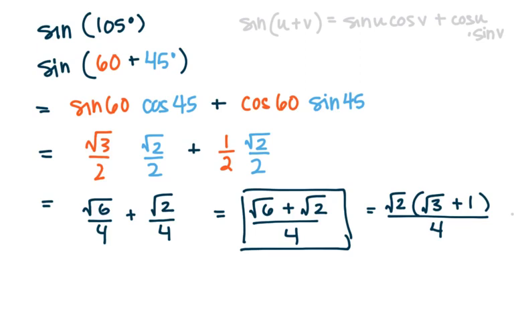And just to reiterate, this value we've calculated in the box is exact. This is exactly the value. All right, if I type sine of 105 into my calculator in degree mode, my calculator is going to give me a decimal that I have to round.